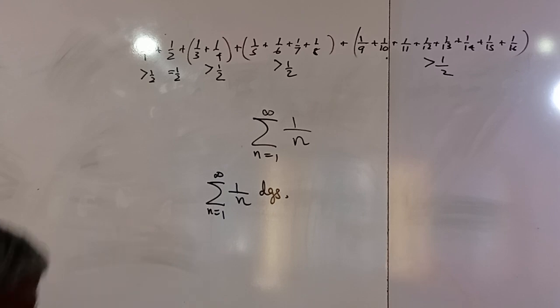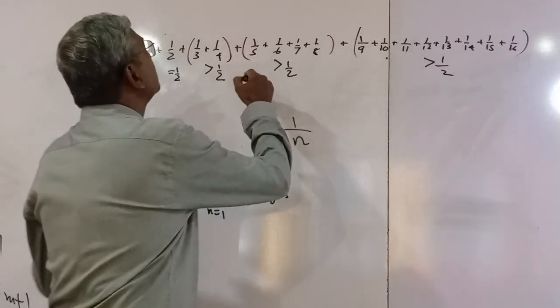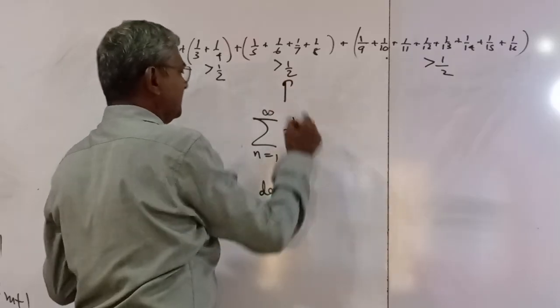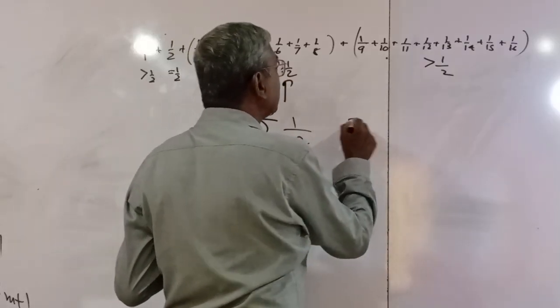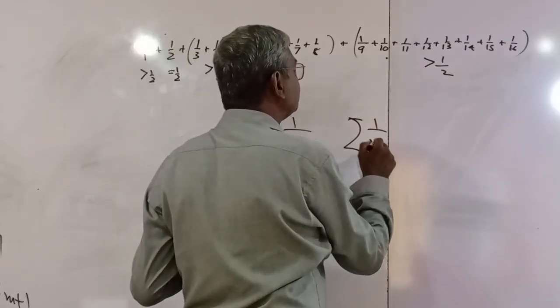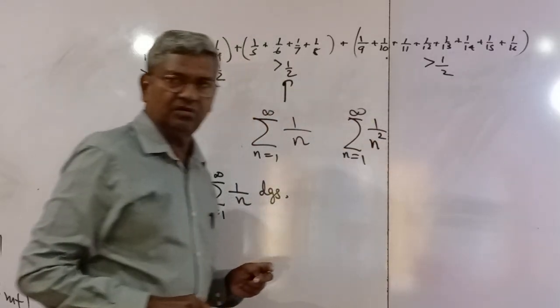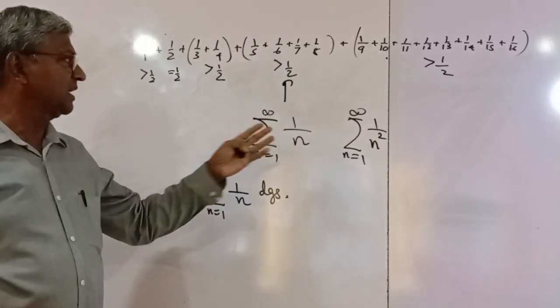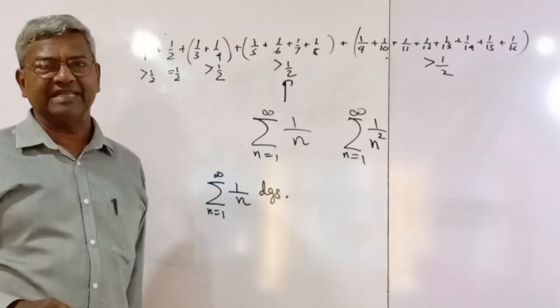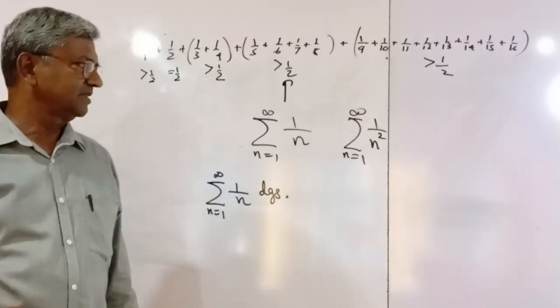And sigma 1 over n squared also you can prove without anything. This one also converges. You can say q is greater than 1, definitely.